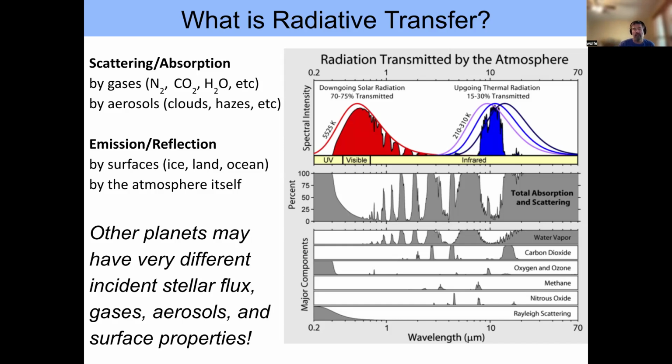Even if we think of just the early Earth, which had carbon dioxide values that could have been 10, 100 times greater than now, and same with methane. The early Earth also didn't have any oxygen or ozone in the Precambrian, and also there was the chance for forming photochemical hazes, which aren't included on this major components graph, but could have existed on the early Earth.